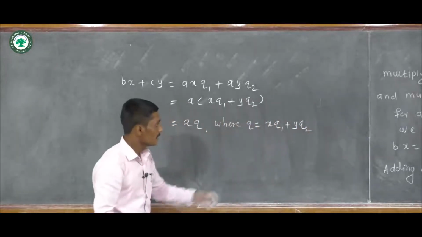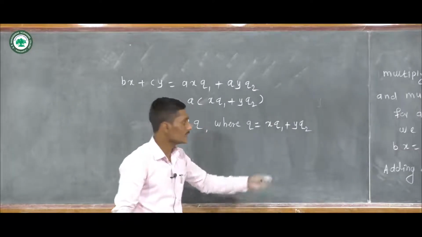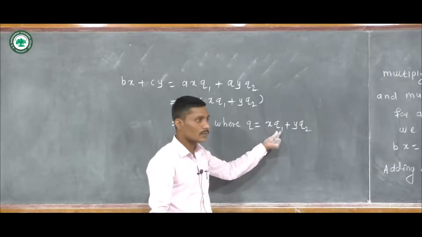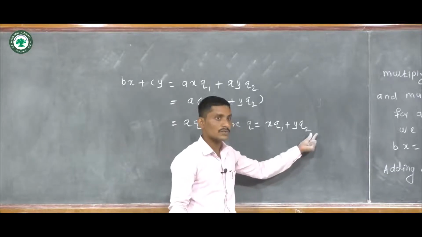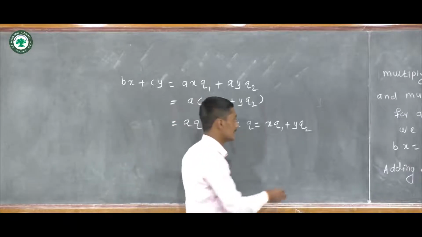Now given x and y are both integers and there exist two integers q1 and q2, so x into q1 is also an integer, y into q2 is also an integer. Again x into q1 plus y into q2 is an integer.